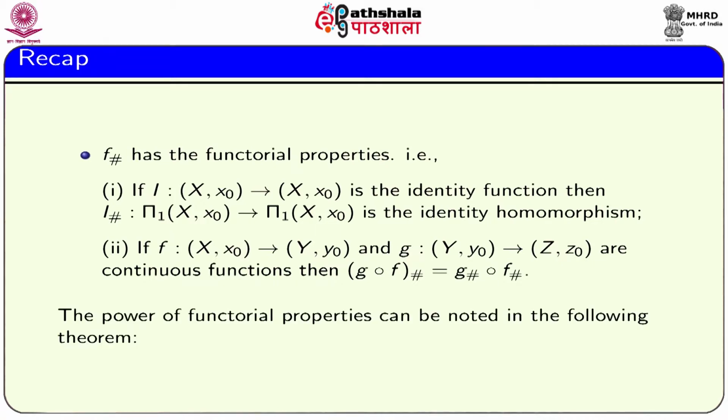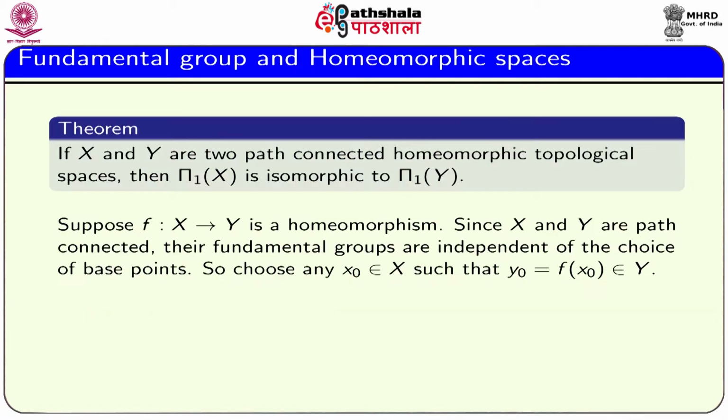The power of functorial properties can be noted in the following theorem. Suppose X and Y are two path connected homeomorphic topological spaces, then the corresponding fundamental groups pi1(X) and pi1(Y) are isomorphic. So, how do we prove it?